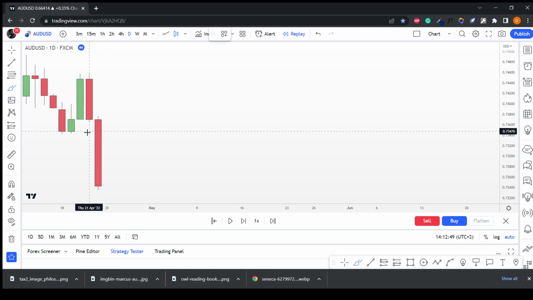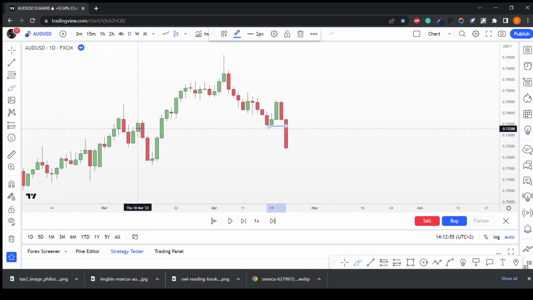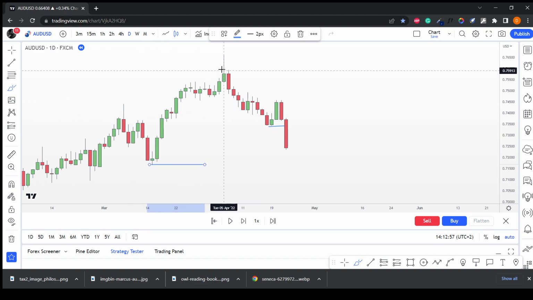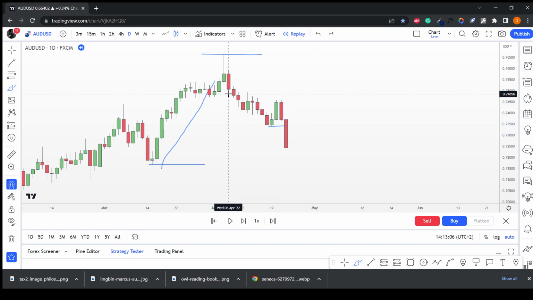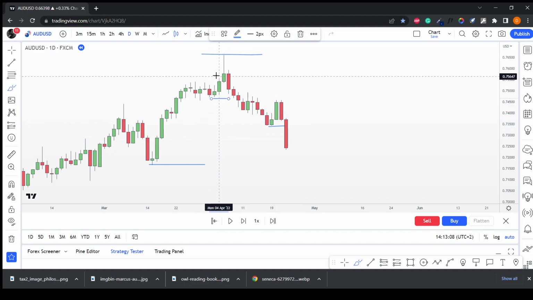So why do you need to zoom out? Because even though this break looks like a break, if we zoom out, we can see that this break is inside this bigger move. Of course, for those of you who are paying attention, you can see that actually in this instance, this break is a real break because of this.